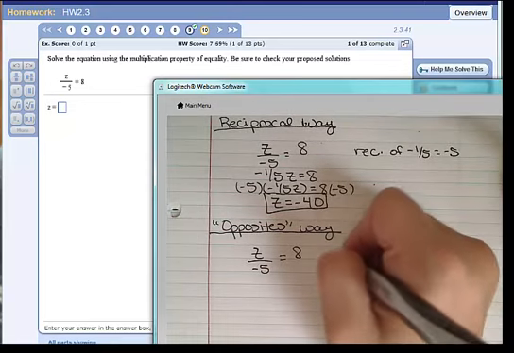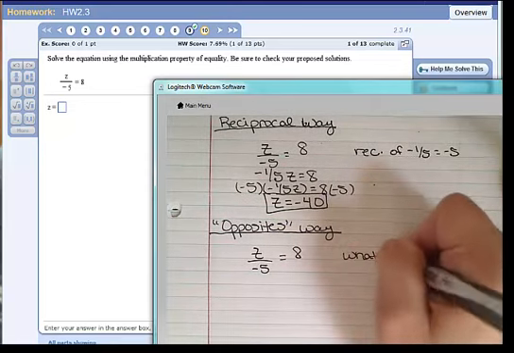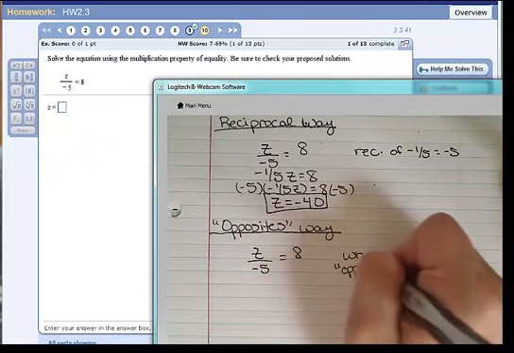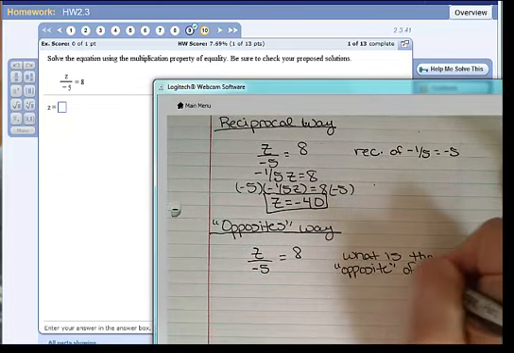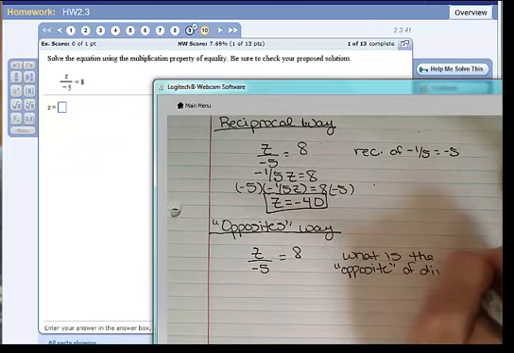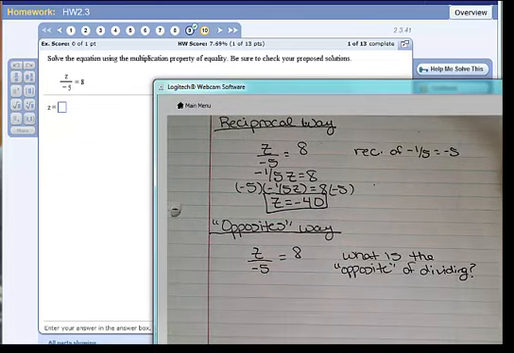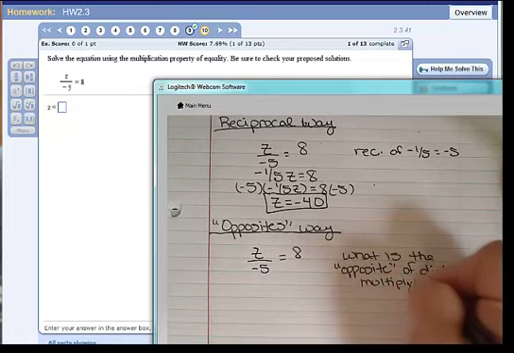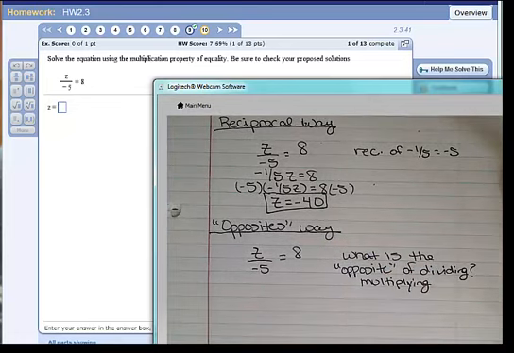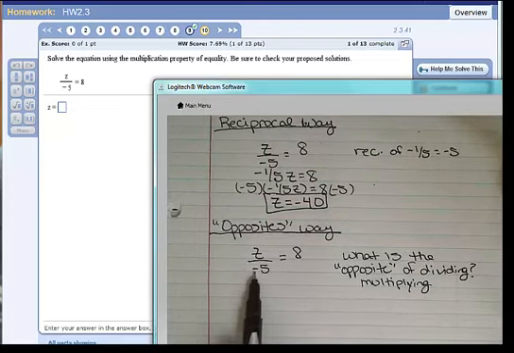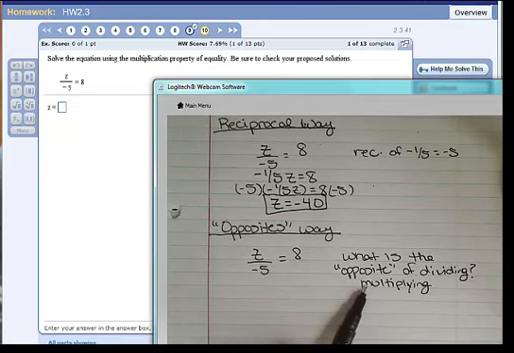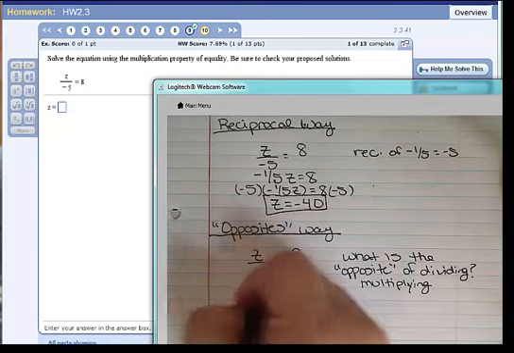So what is the opposite of dividing? The answer to that is multiplying. So if we are dividing by a negative 5, then to do the opposite of that would be to multiply by negative 5. So that means we just need to take both sides times negative 5.